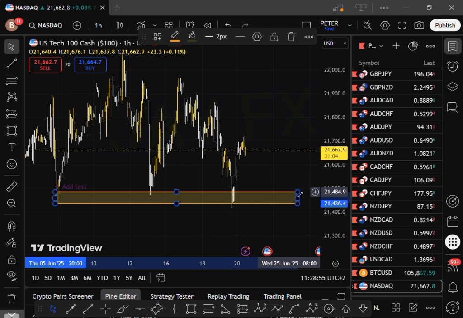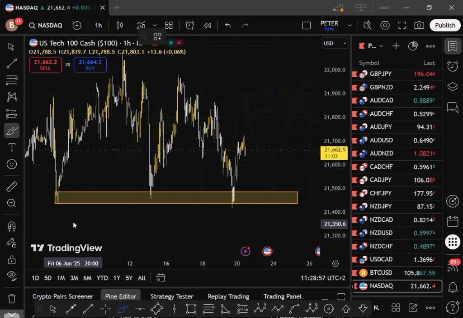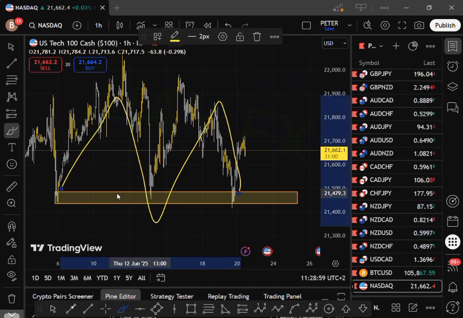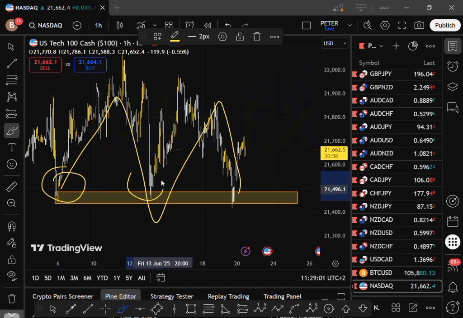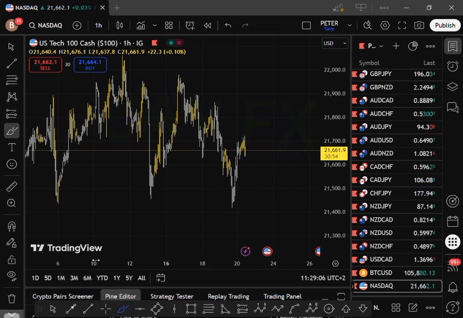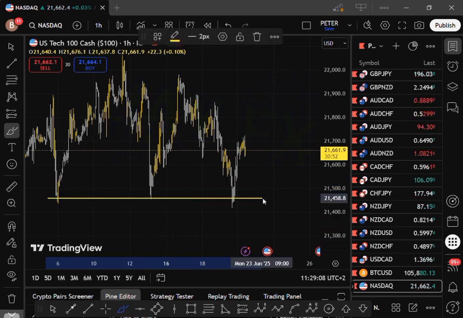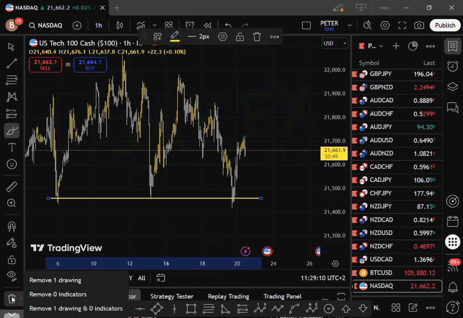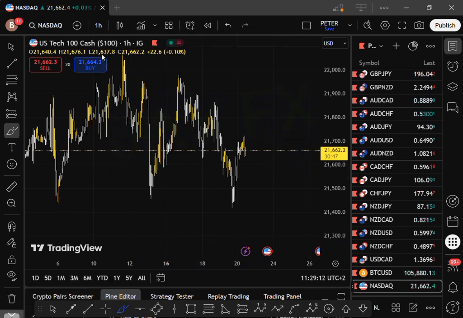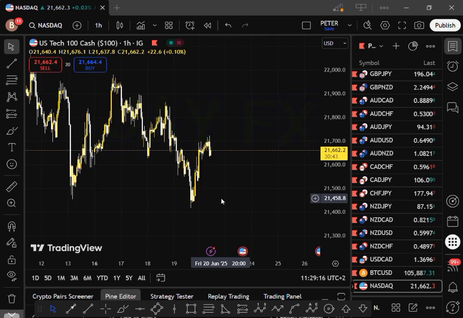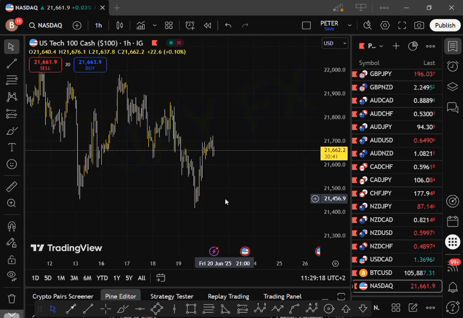According to this zone, it has been retested so many times. And when a zone gets retested 3 times, it means that zone is difficult, which means that the support is difficult for the sellers to break, you know.